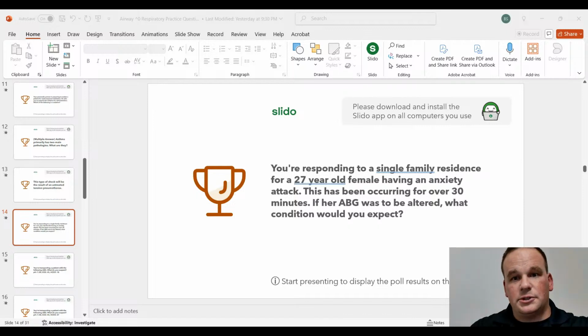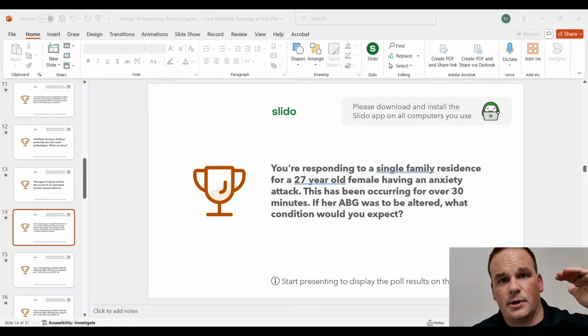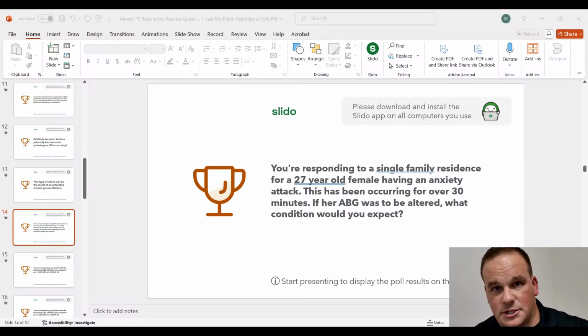The other thing I want you to remember, because we have a few more questions about ABGs here, is the acronym ROME, and you may have heard of that. Respiratory opposite, metabolic equal. What does that mean? It means that when you have a respiratory-driven condition, your pH and your respiratory component, so CO2, move in opposite directions as one another.